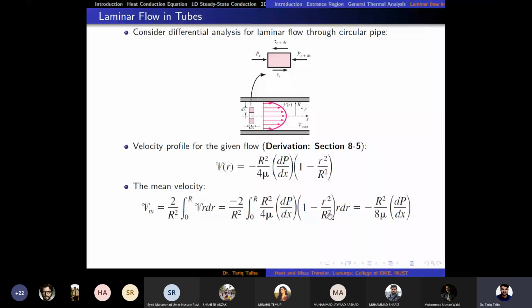If we do that simple integration and put the limits, then I'm sure we would get minus R square upon 8 mu into dp by dx.